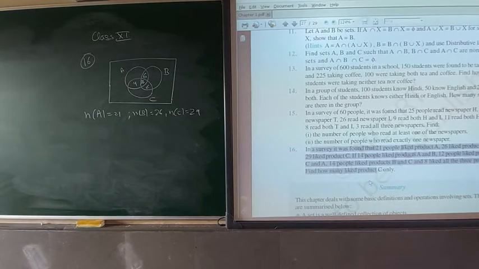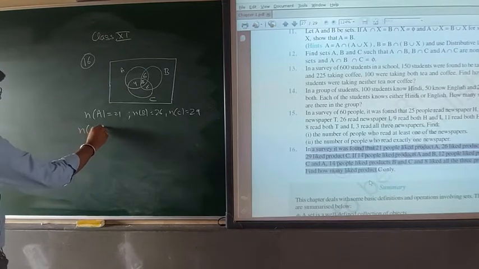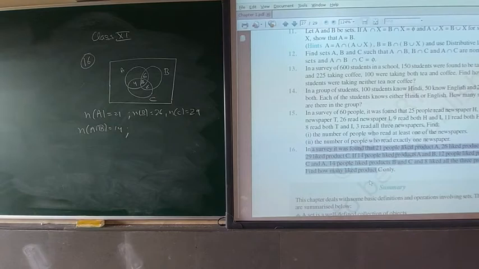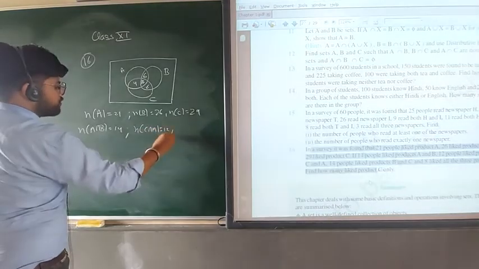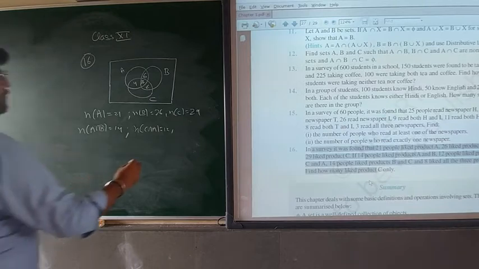If 14 like A and B, so here you can write n(A intersection B) is 14, and 12 like C and A, and 14 like B and C.